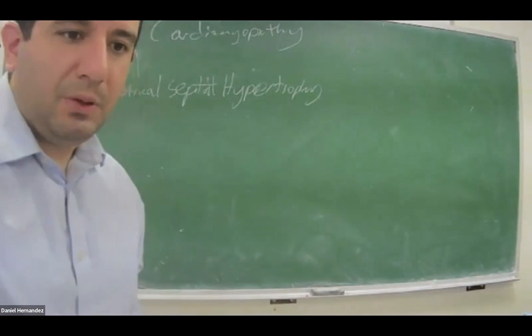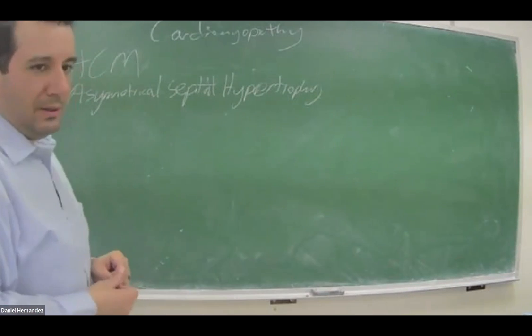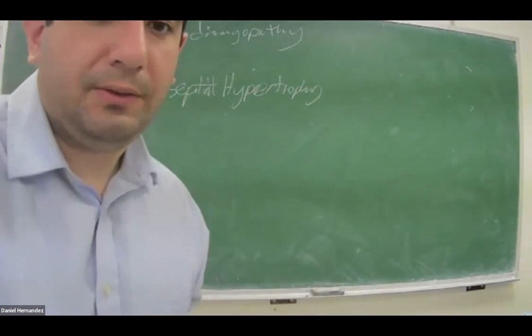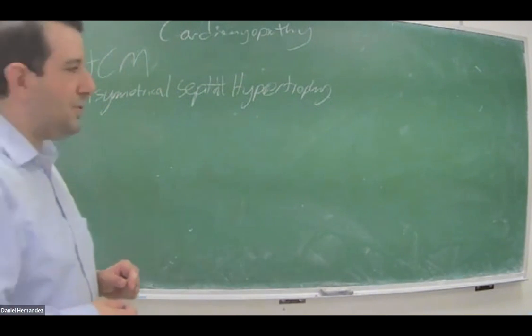So asymmetric septal hypertrophy, that's going to be your most common. That's typically seen along the basal portion of the septum, near the level of the left ventricular outflow tract.